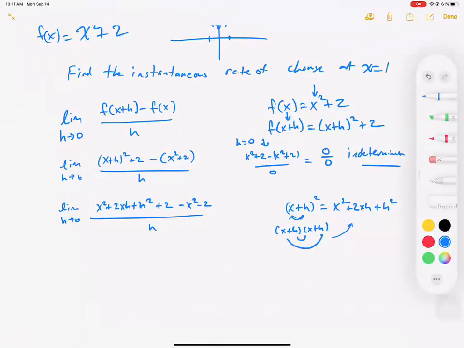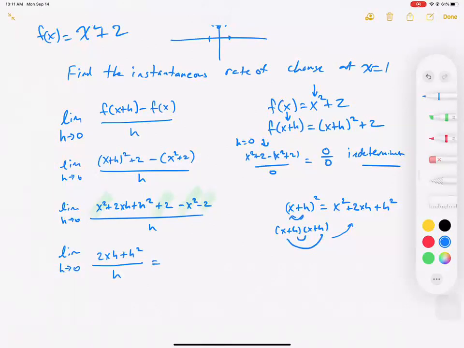Now looking back here, we have some like terms. x squared, 2 and 2. And we have the limit as h approaches 0 of 2xh plus h squared all over h. And you can see if I plug in 0, I end up with 0 over 0.